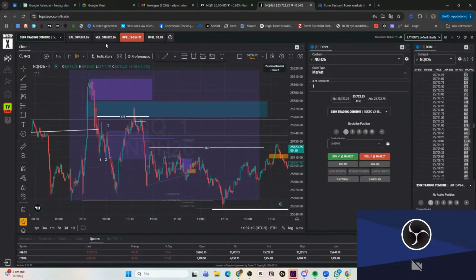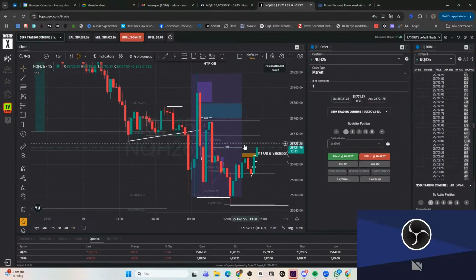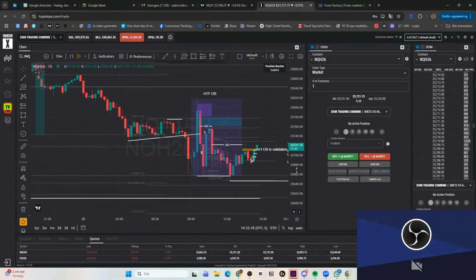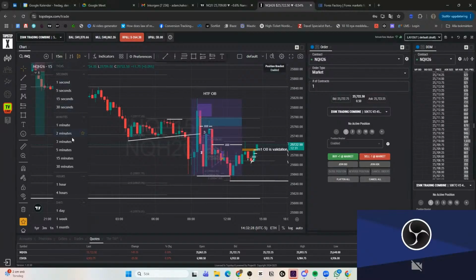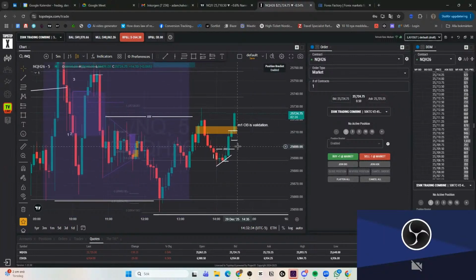Is there liquidity to collect? I don't think it should be. If it is, then it might be just a manipulated consolidation day.